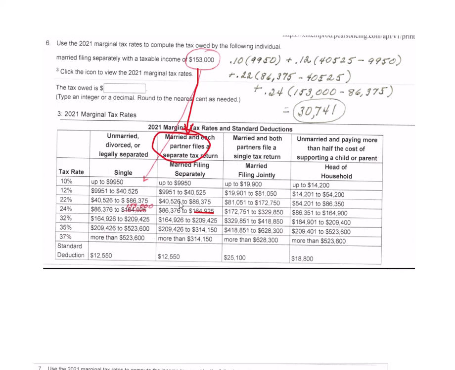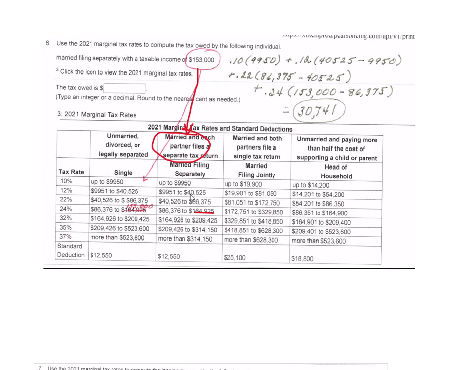All right, this person has a taxable income of $153,000. We should be in this column. So for the first $9,950, they're going to pay at a 10% tax rate, 0.10 times 9,950.